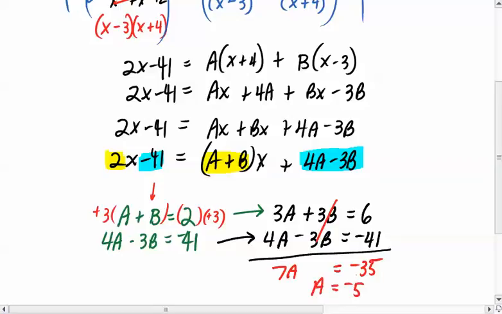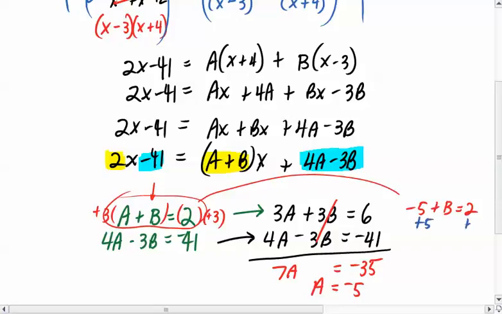Now let's go back to this equation right here. If a is negative 5 plus b is equal to 2, then that would cause this to be plus 5, and we get that b is 7. Alright, so we have b is 7 and a is negative 5.